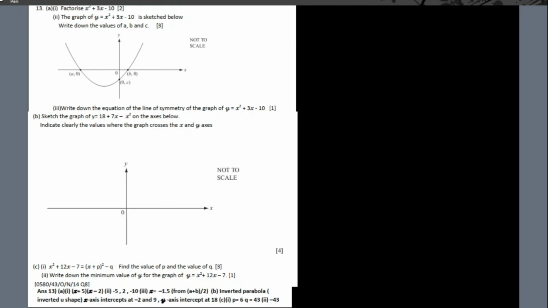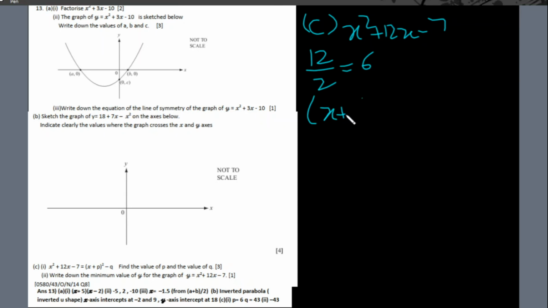Part C. X square plus 12x minus 7 can be written in a complete square form. So for that, first write the coefficient of x, which is 12, divided by 2, we get 6. So we write x plus 6 whole square plus k, and to find k, ignore x and the sign.